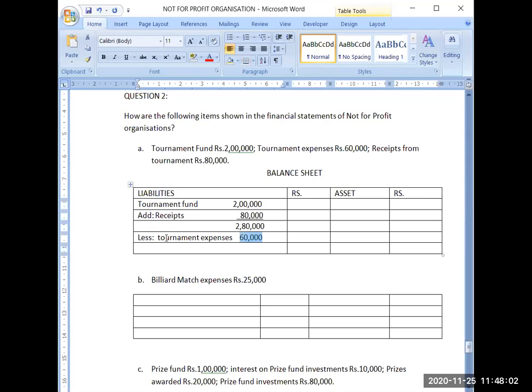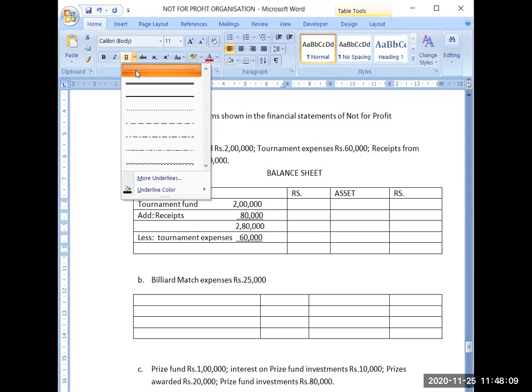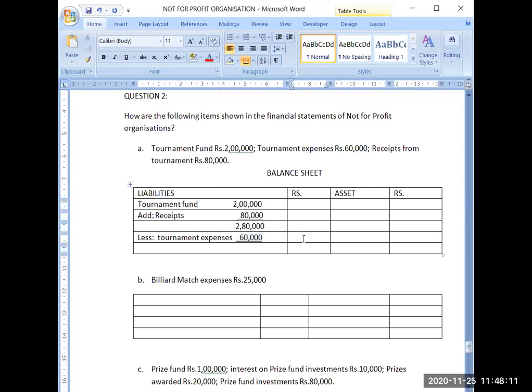Now we calculate the balance of this tournament fund and write it in the outer column. So finally the tournament fund balance is 2,20,000.